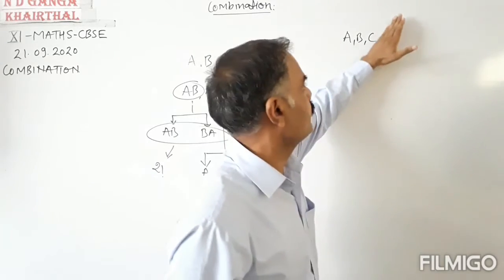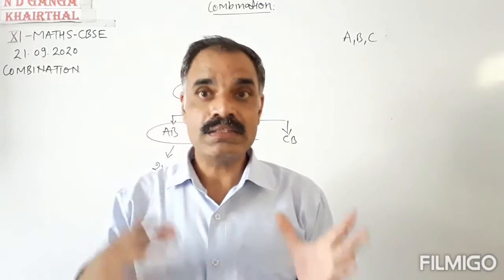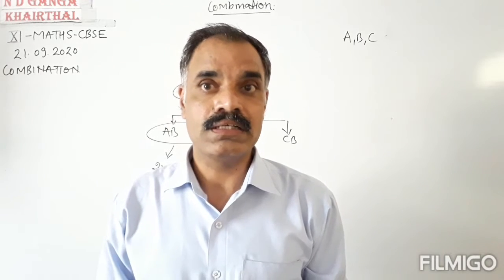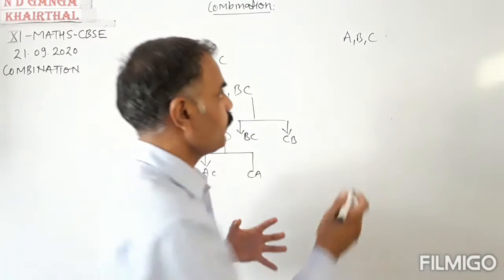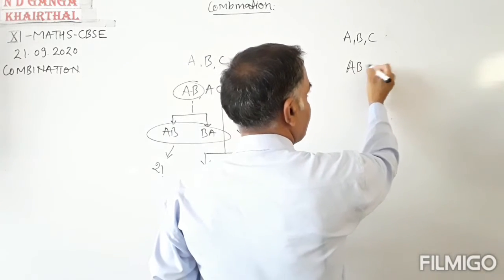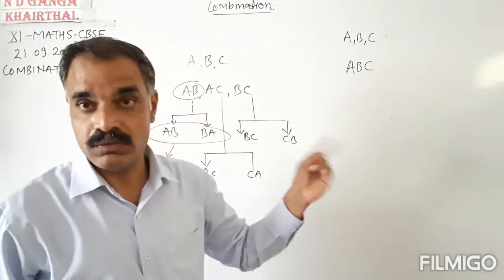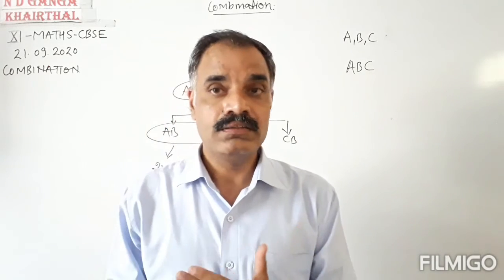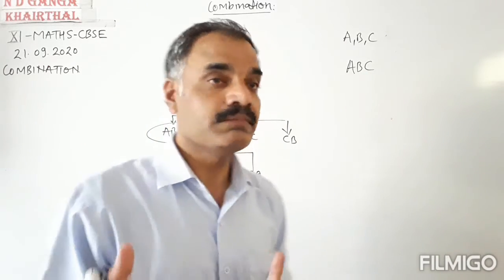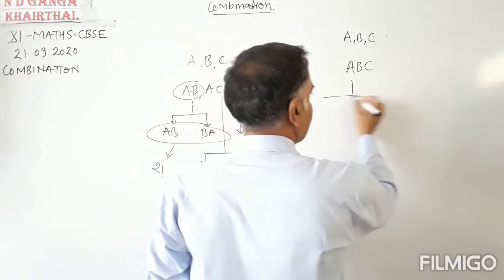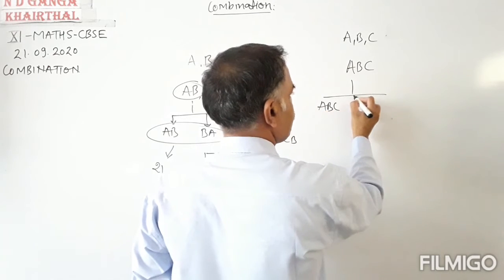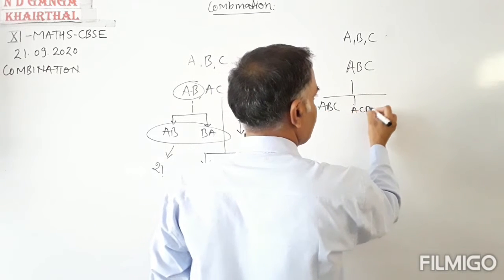Suppose we have been given only 3 objects, and we are selecting all 3 persons. Then the number of combinations is only 1, that is ABC. But the arrangements are ABC, ACB, and so on.